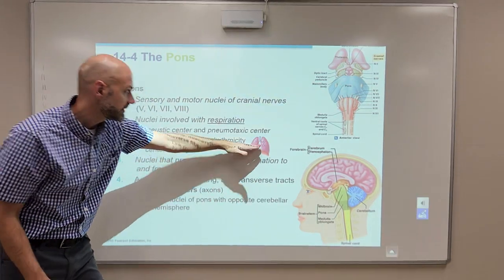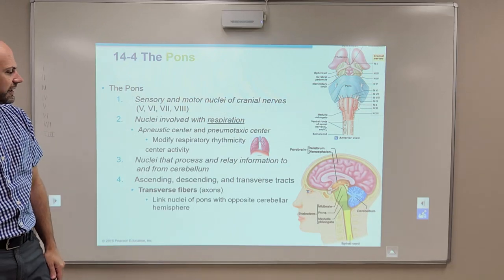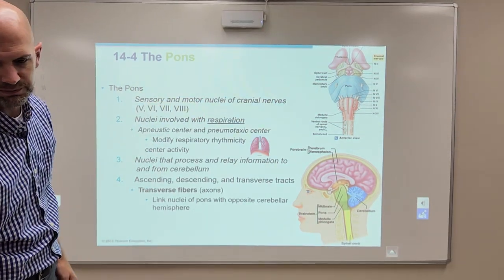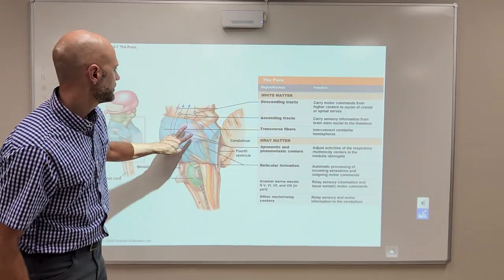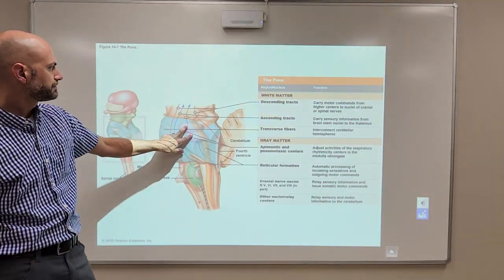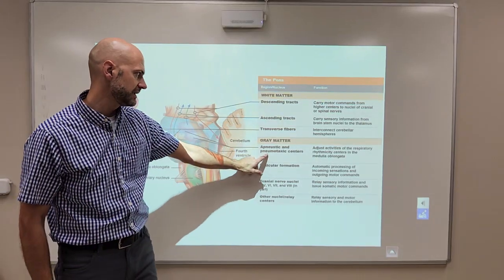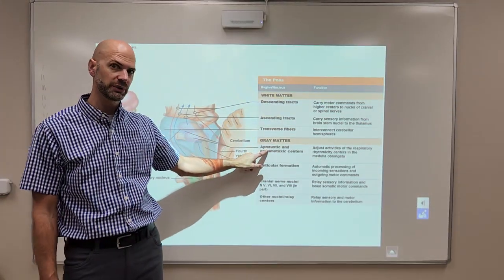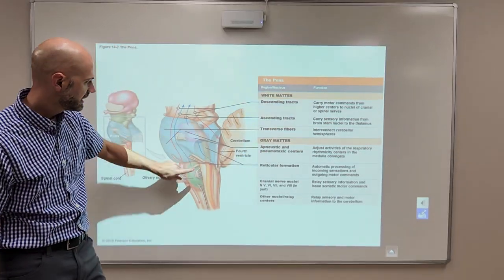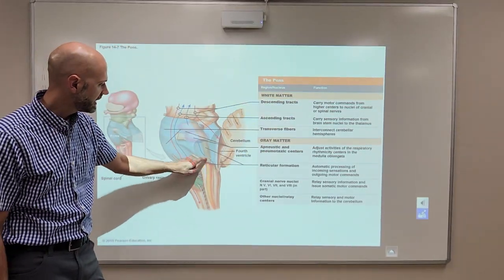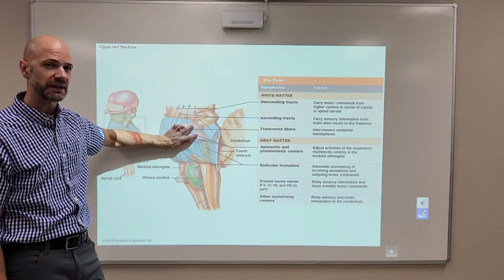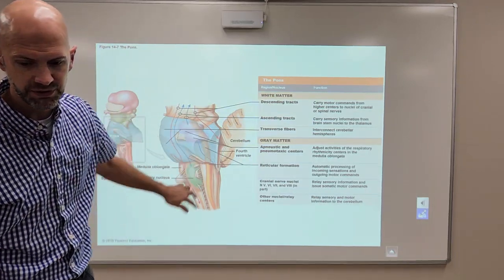So important respiration centers are there, as well as nuclei for different cranial nerves. Here are the apneustic and pneumotaxic centers, shown in purple. Those are for controlling breathing. We have some of the cardiovascular centers here, and the control of breathing rate is up in the pons. It's another nucleus.